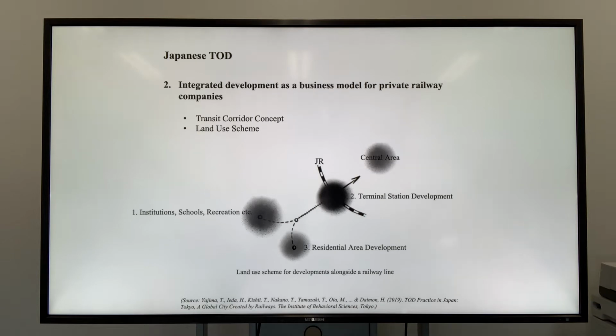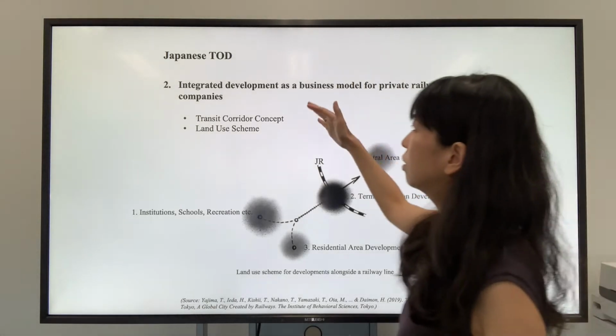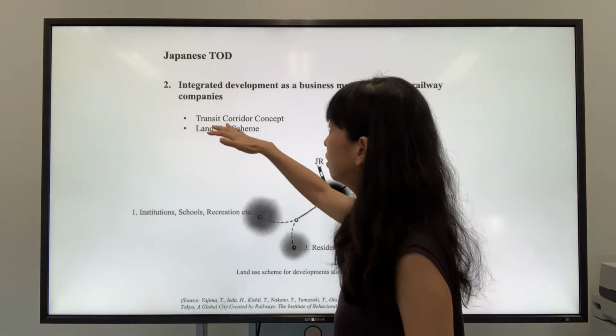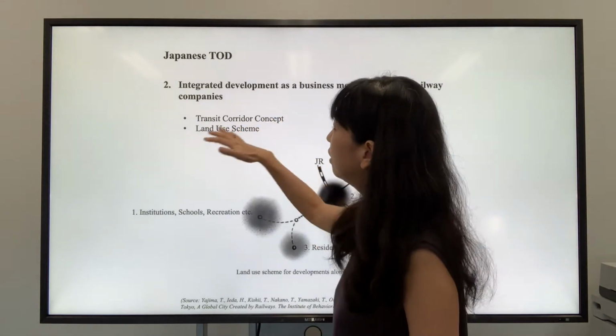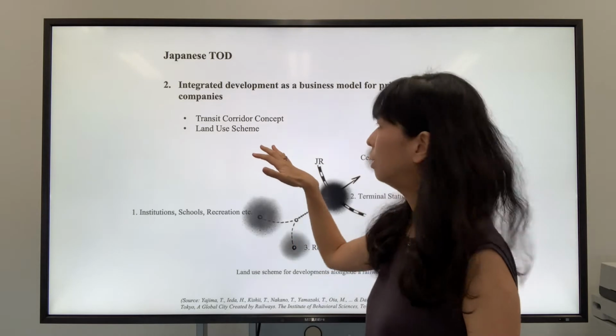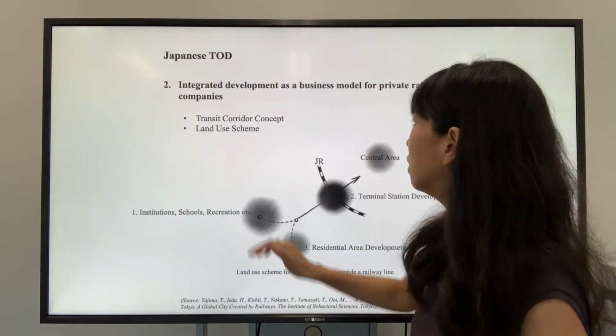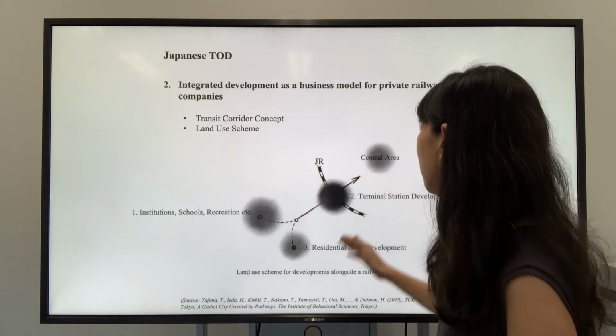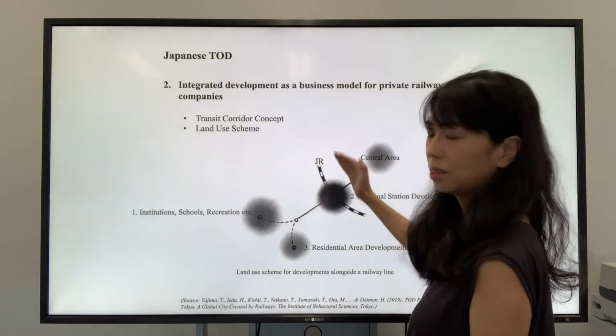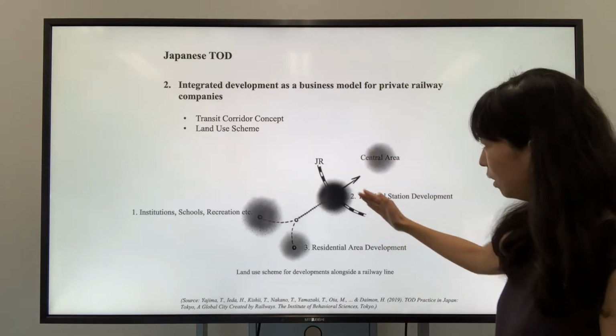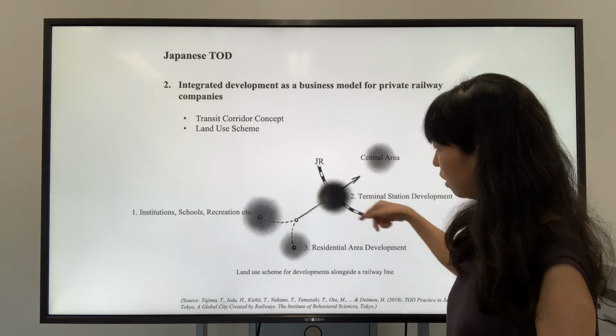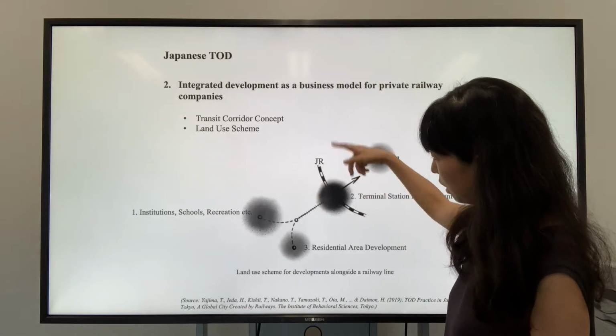Moving on to the next one, which is about integrated development as a business model for private railway company. There are two key concepts behind this: the transit corridor concept, and the other one is the land use scheme. The transit corridor concept means that you have the Yamanote line, which is schematically shown here as the JR line.